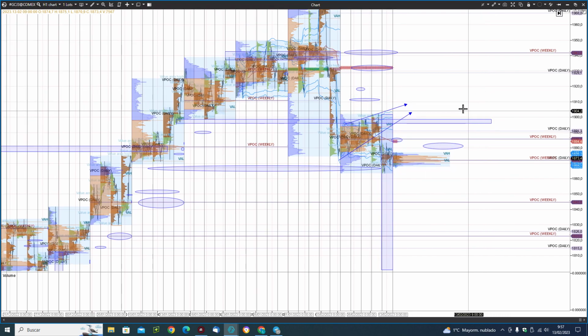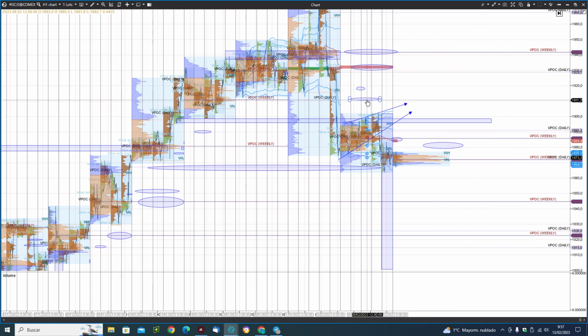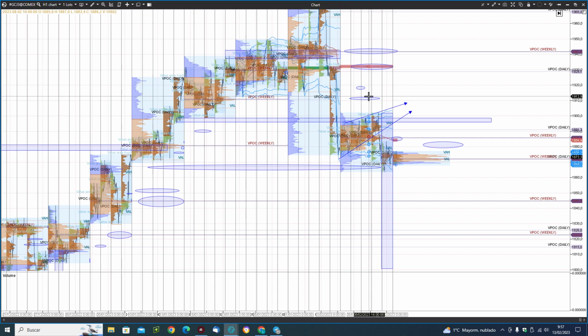If we go above this point, next step would be the point of 1911, about a weekly VPOC. And last one, all this zone that begins at 1931 to 1941.